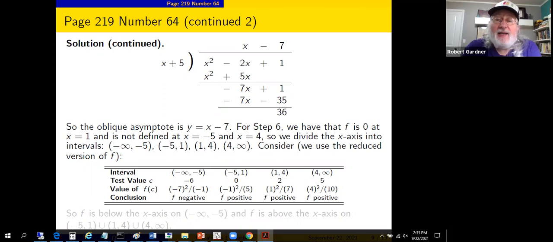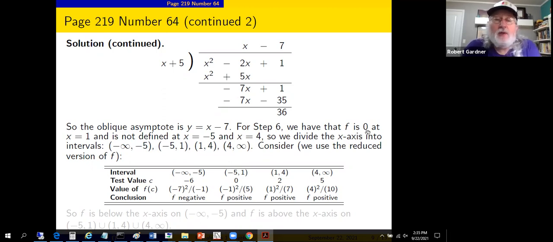We'll divide the, let's see, -5 and 4, and missed 2. We have that f is 0 at 1, not defined at -5 and at +4, so we use those points.